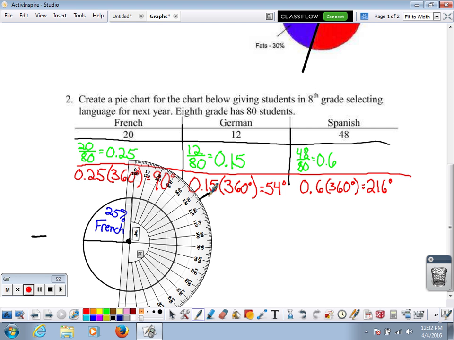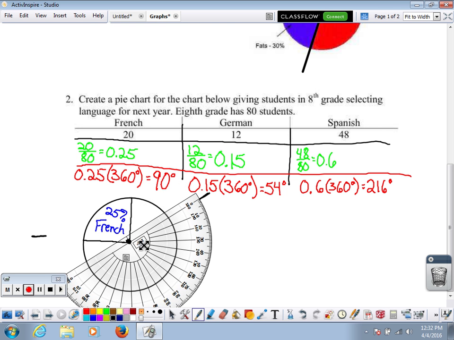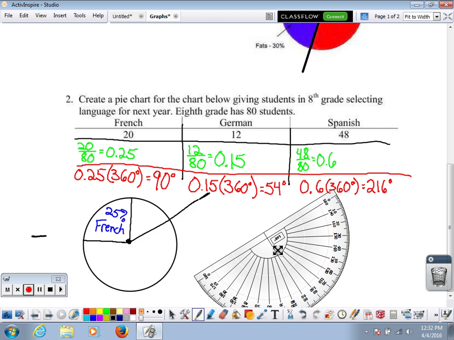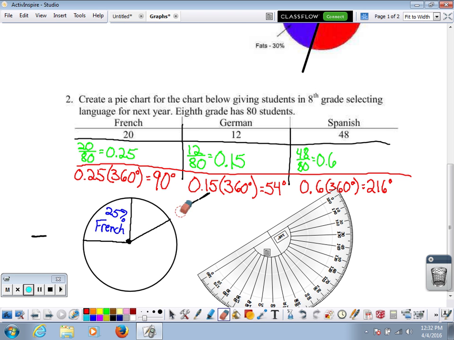So I make a little mark where 54 degrees is, and I swing the protractor around so that I can use the straight edge to draw the straightest line possible back to that center. And I can mark that as the 15% choosing German. Which means that this leftover section should be the 60% selecting Spanish.